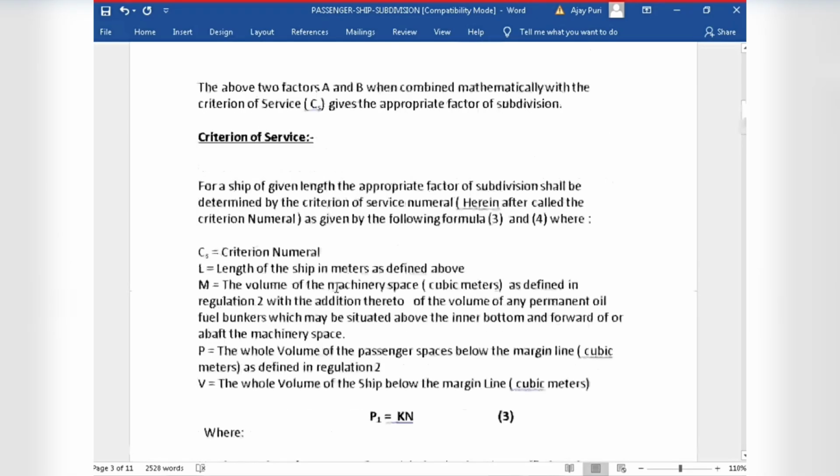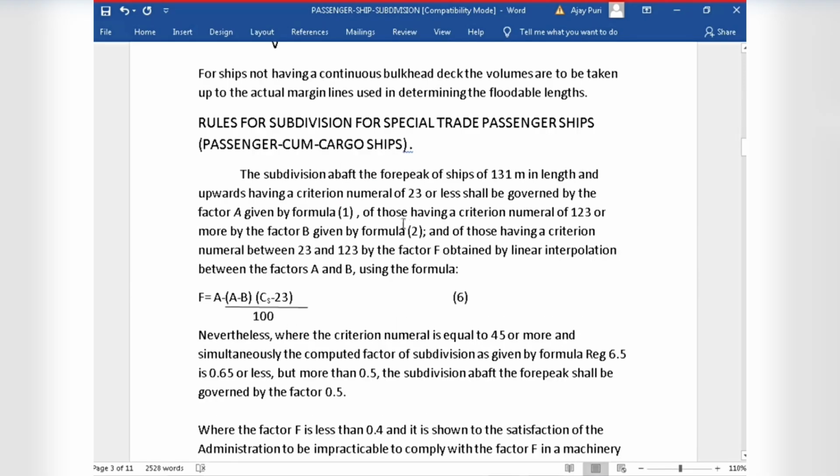Factor A applies to a criterion number of 23 or less, and factor B to a criterion number of 123 or more. Where the criterion number is between 23 and 123, the factor F is obtained by linear interpolation between factors A and B. So we get the factor F, which is A minus (A minus B) into (CS minus 23) divided by 100.